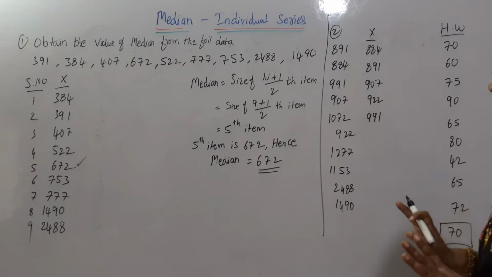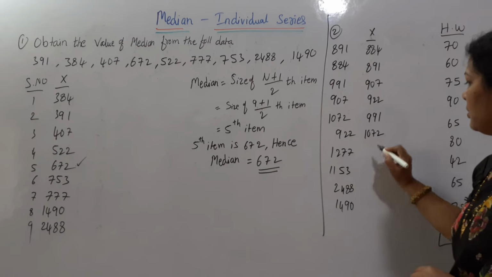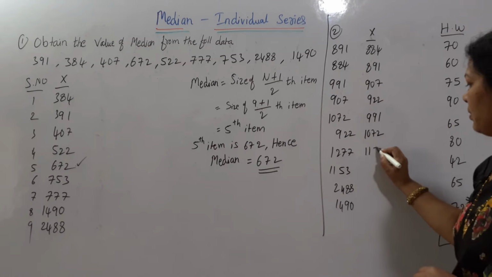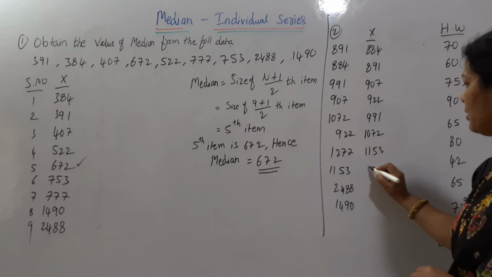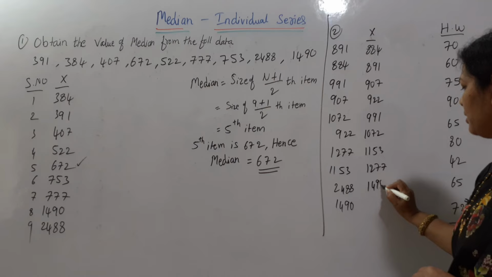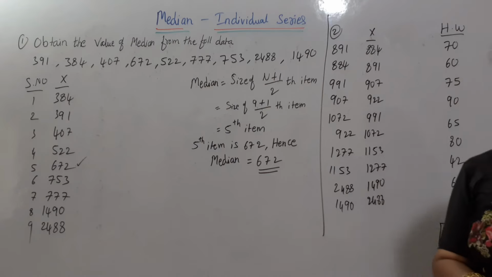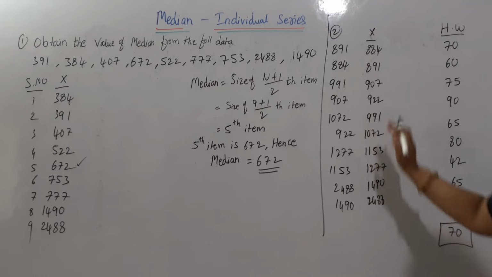Now coming to thousands, this is the next number 1072, then 1153, then 1277, 1490 and 2488. Like this we have arranged the data into ascending order.